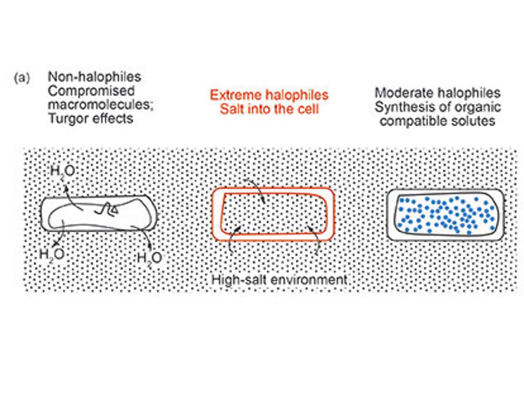So over here you can see some examples of halophiles in some salty environments, and they're able to survive in those salty environments. Whereas if you have a non-halophile organism in a salty environment, the water will come out and you'll have plasmolysis if it's a cell-walled organism, or shriveling up if it's a non-cell-walled organism.